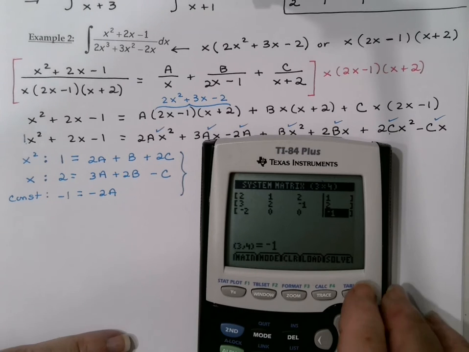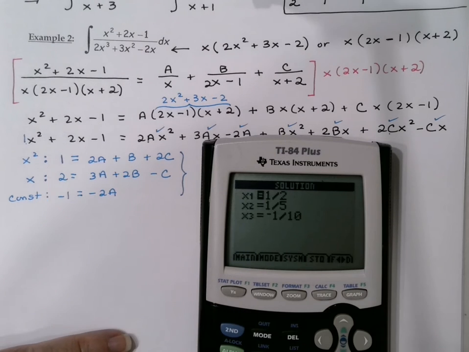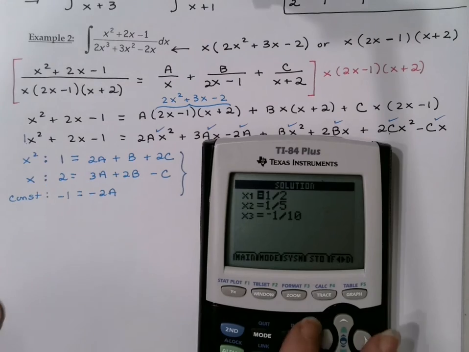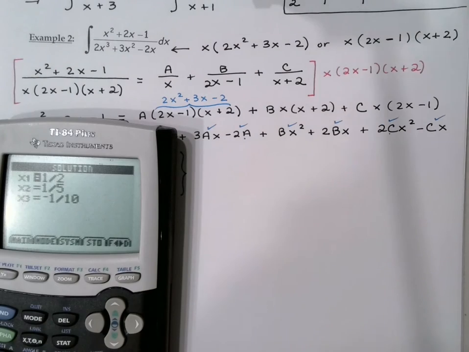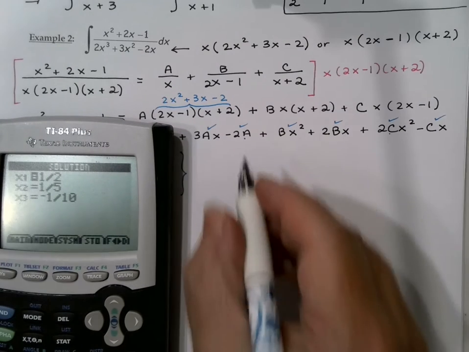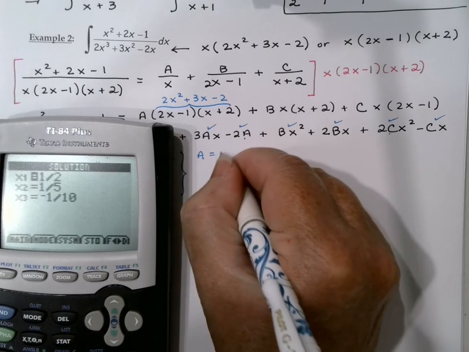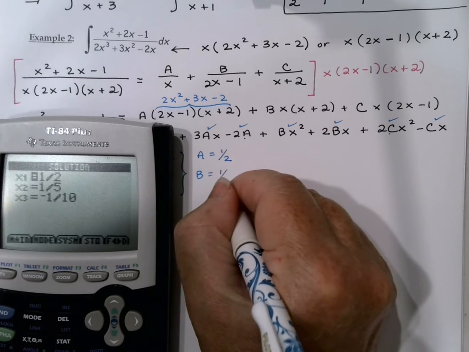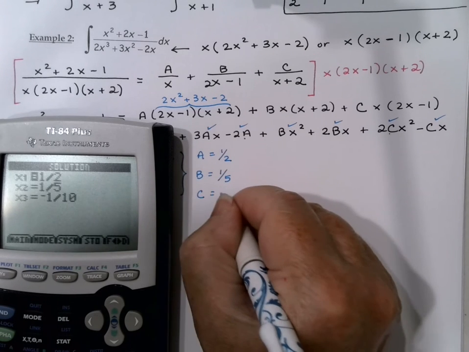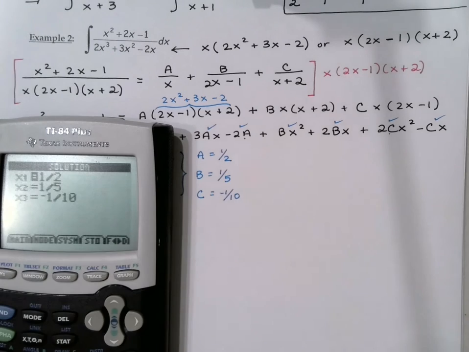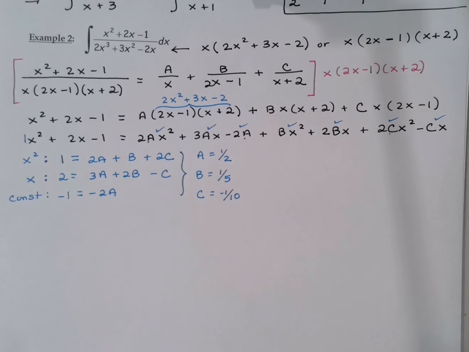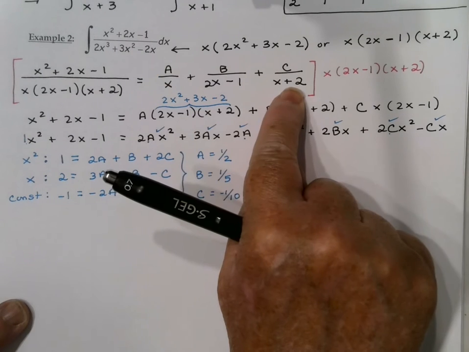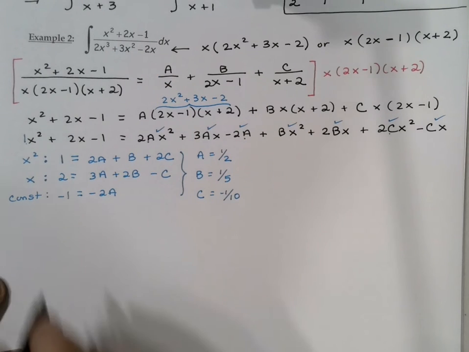All right, solving that, I get A is 1/2, B is 1/5, and C is negative 1/10. So, using those values for my fractions, let's go back and rewrite our integral.